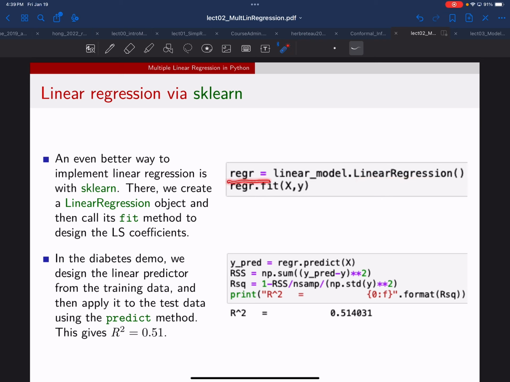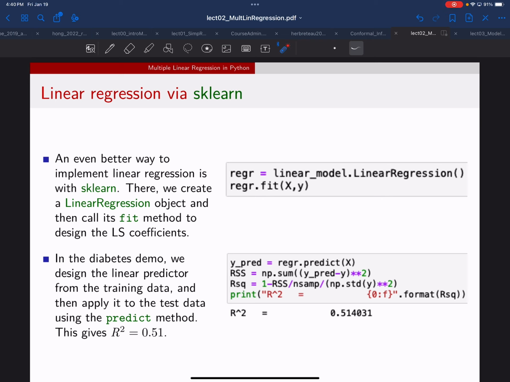So the first step here is you instantiate this object, which means you run this line of code, and under the hood, it sets up a bunch of stuff in this. So this is an object that has functions, data, many things inside of it, and so this sets everything up.